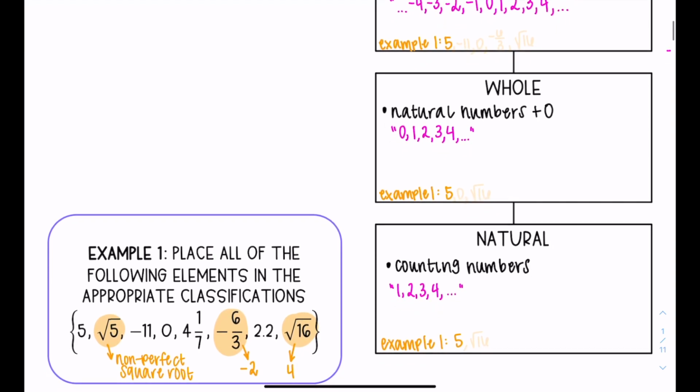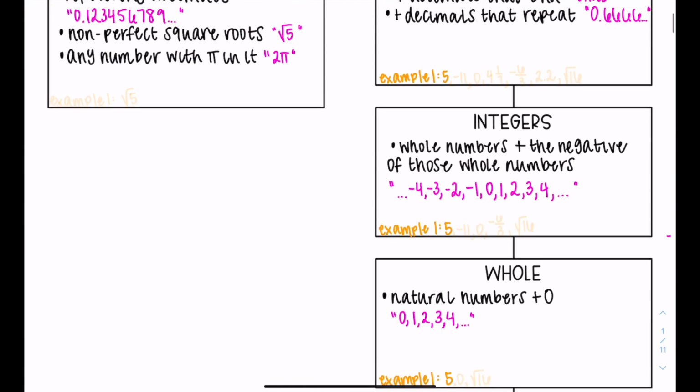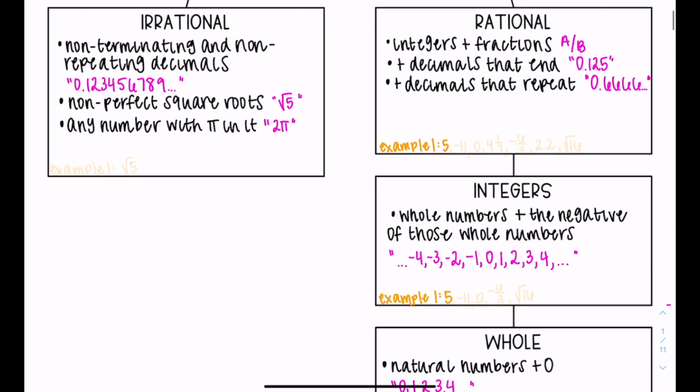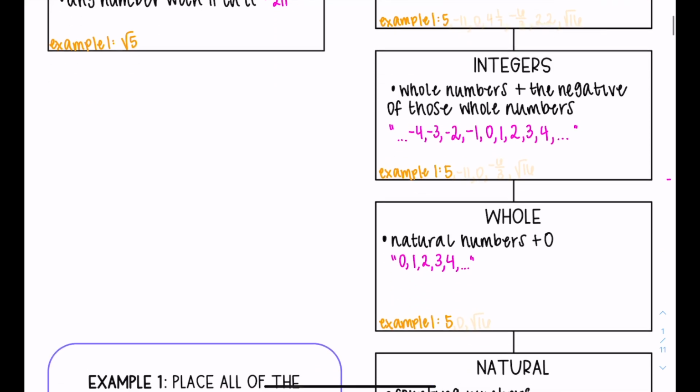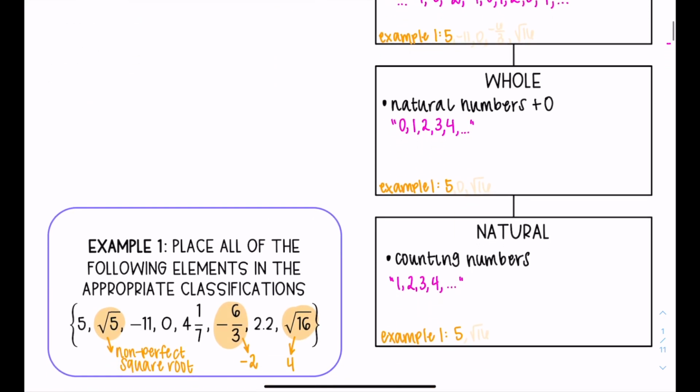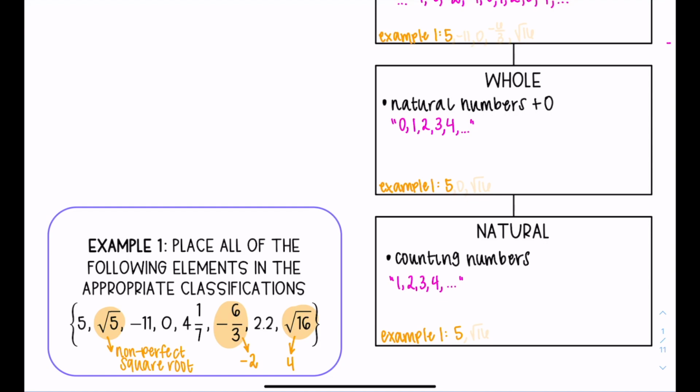Well, I kind of already told you. That's going to be an irrational number because that is a non-perfect square root. But just because it's irrational doesn't mean it's not a real number, so it's also going to be a real number.